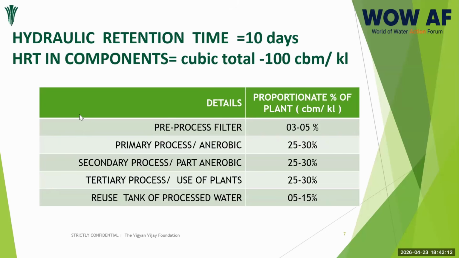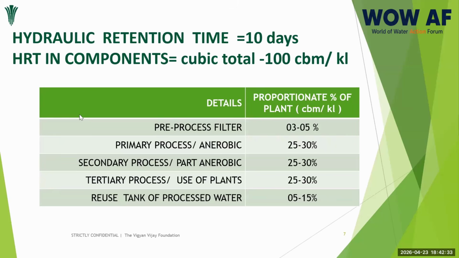Okay, so now I'll go for this. Whatever you have is the 100%, including the HRT. So pre-process chamber, wherever any process is there, we have something called a pre-process mechanism.